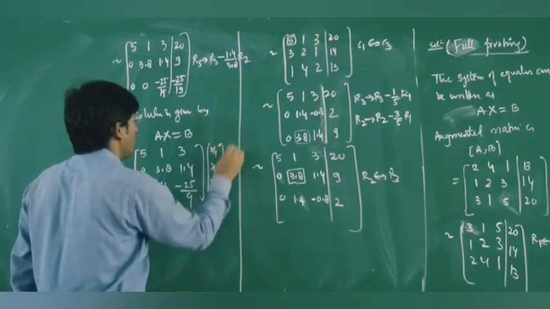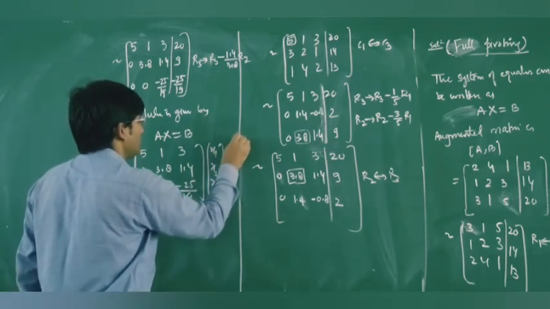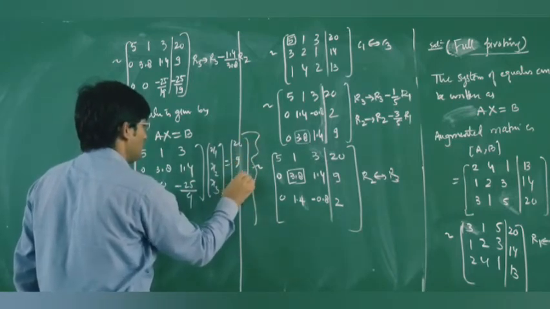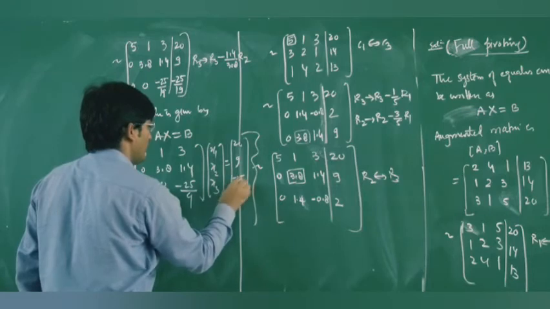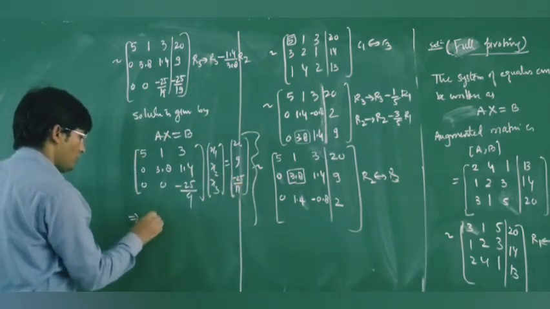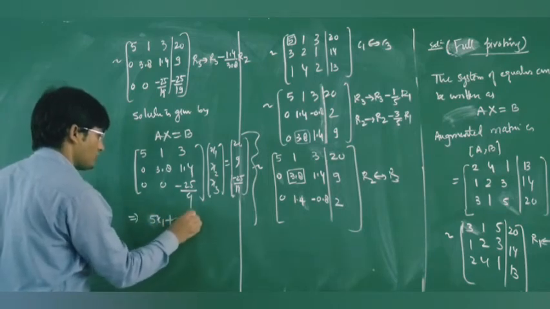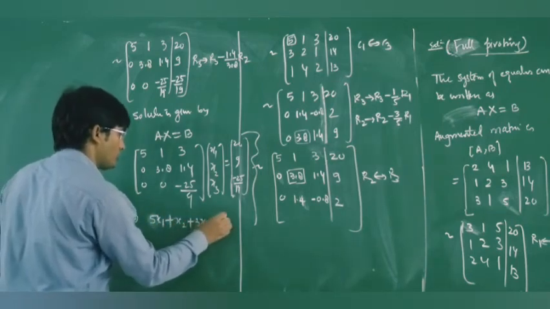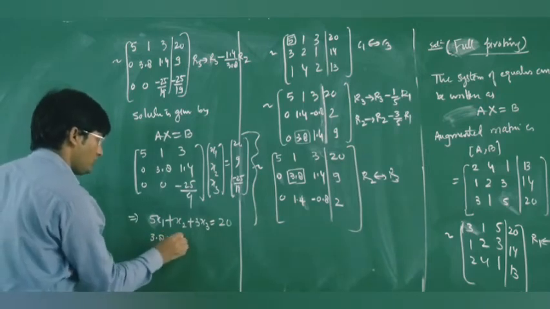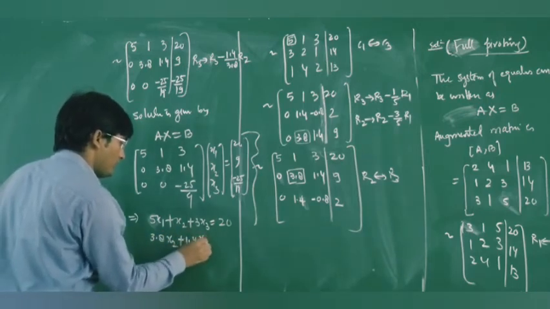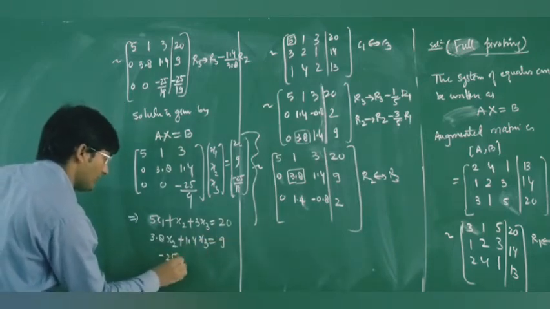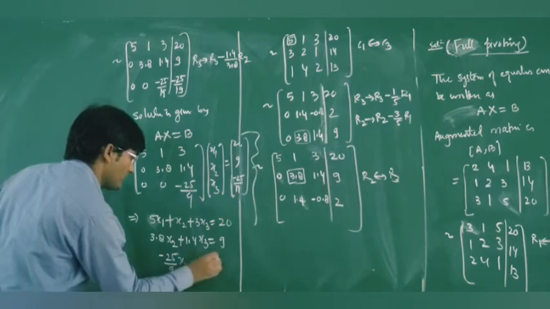Now in the right hand side we have 20 and 9 minus 25 upon 9. So from here we will have the equation 5x1 plus x2 plus 3x3 equal to 20. Then we will have 3.8 x2 plus 1.4 x3 equal to 9. And then finally we have minus 25 upon 9 x3 equal to minus 25 upon 9.